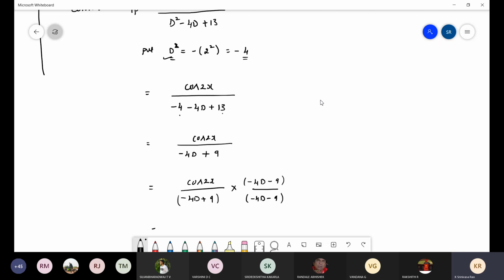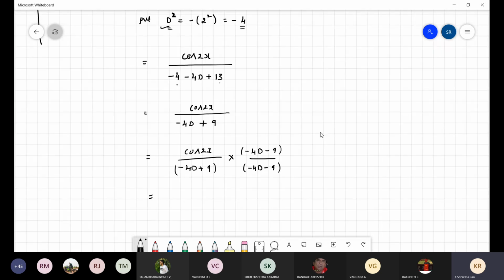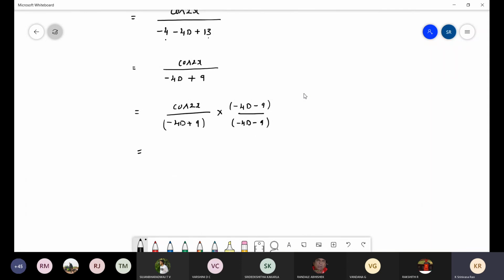That's it. Now we follow the same steps in the same way, because it is common for all problems. This can be written as the numerator minus 4D minus 9, into cos 2x. I just interchanged the terms in the numerator.